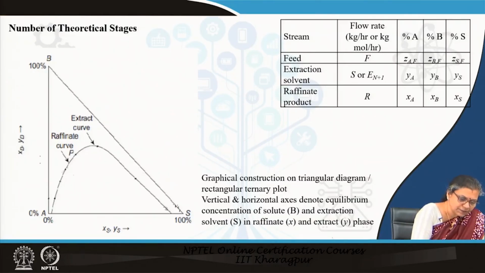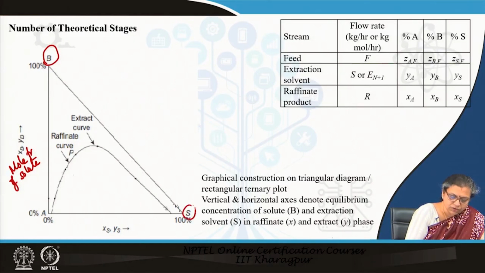So, in this particular case, we plot the mole fraction of solute. For my case, B is the solute, S is the solvent, A is the feed solvent, and on the x axis we plot the mole fraction of the solvent, right.